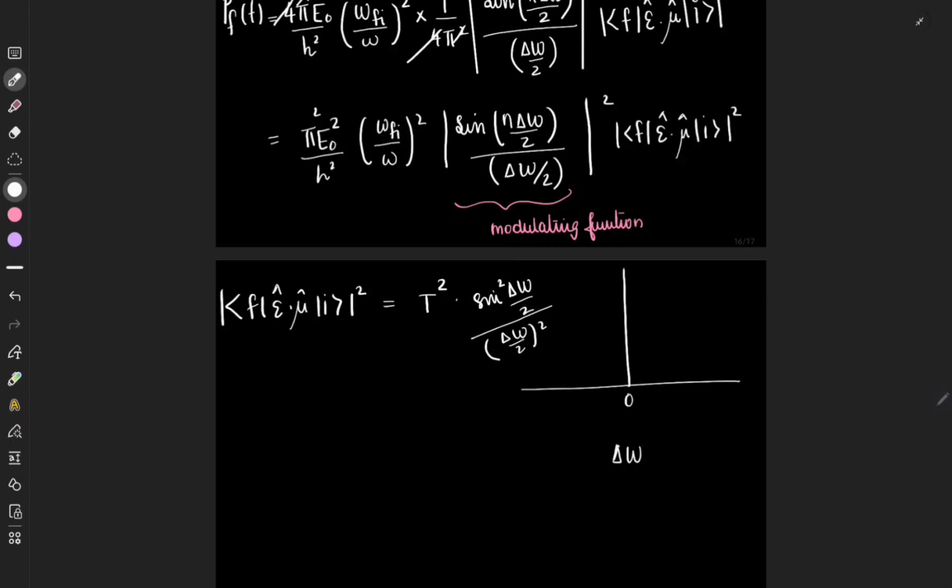So this is 0, then 1, 2, 3, and minus 2, minus 3. Okay, so if you can see, there will be small bumps here, and at 0 there will be a really big peak.